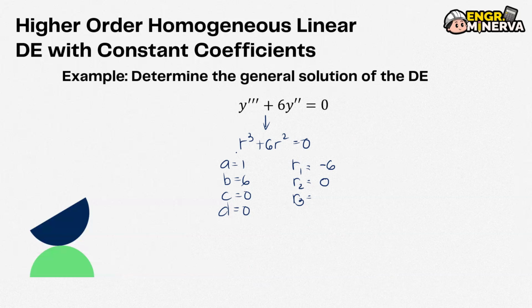So what we need to do is divide the equation with r. Or rather, just factor out r.